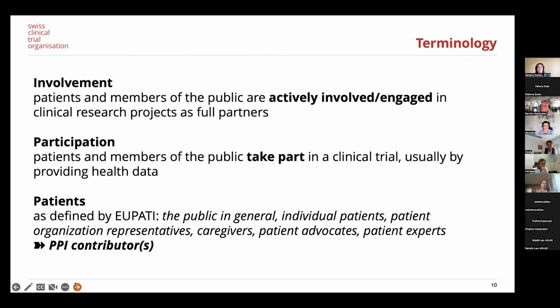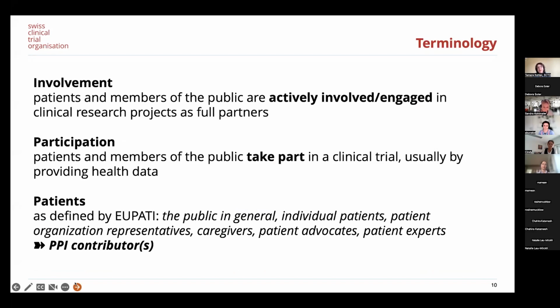That actually means with patient and public involvement, we mean that patients and the public are actively involved and engaged in clinical research projects as full partners. They are not taking part in a clinical trial. This is the big difference between involvement and participation.